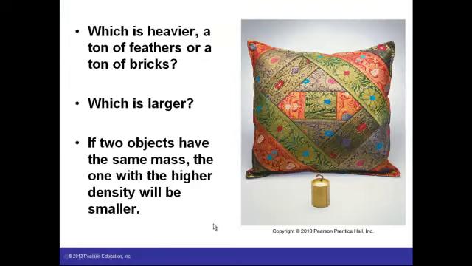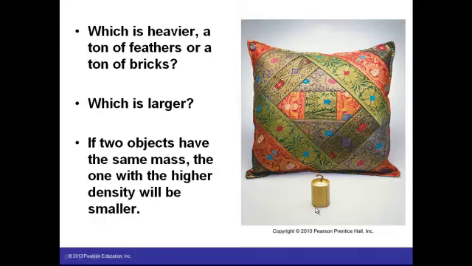So which one is heavier, a ton of feathers or a ton of bricks? Oh, that's a trick question. They're both the same. A ton is a ton. But you can see that the representation of that ton in space is going to be different. The ton of feathers is going to take up a lot more space, or a lot more volume, because the feathers are less dense.